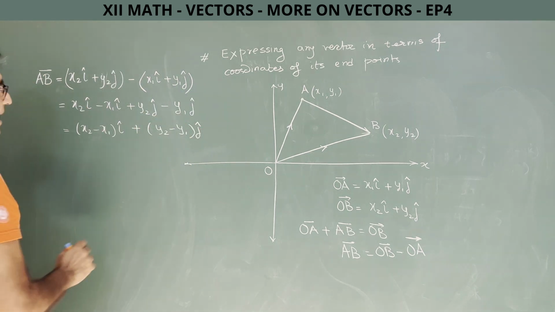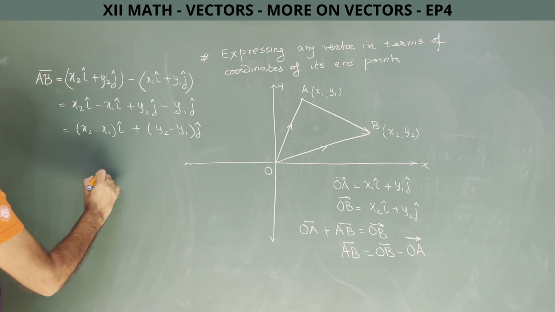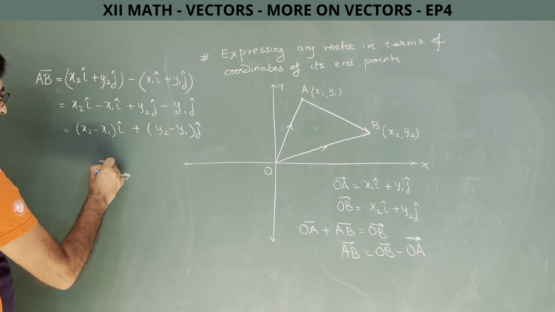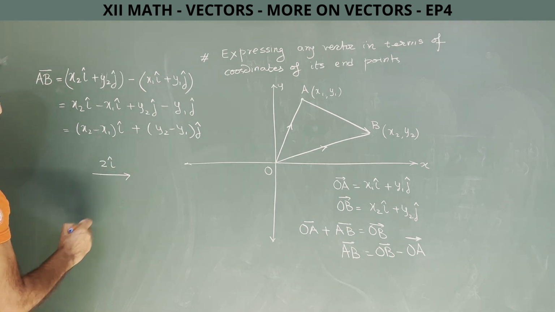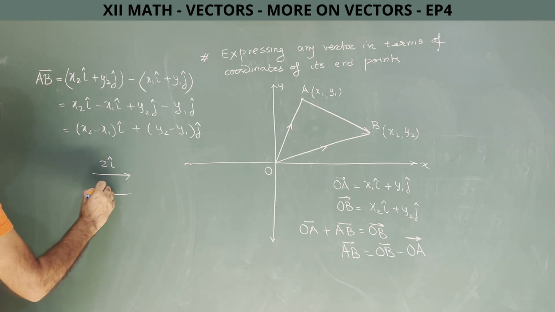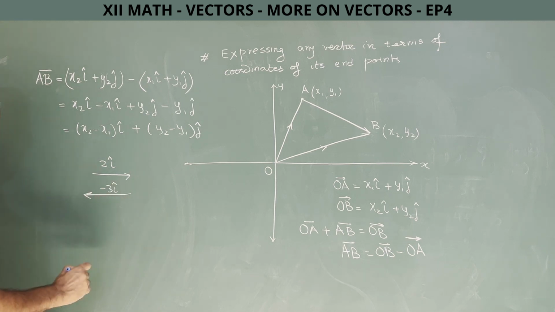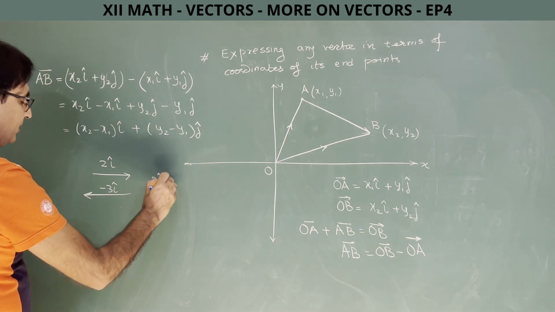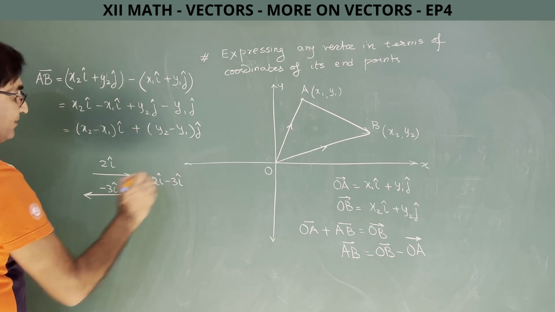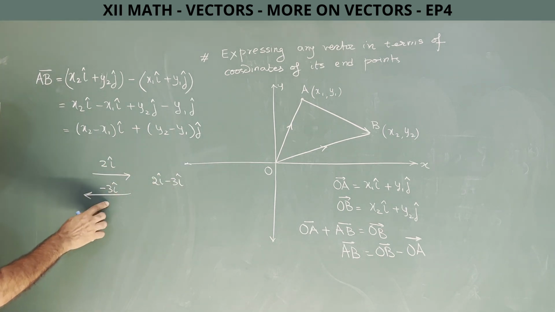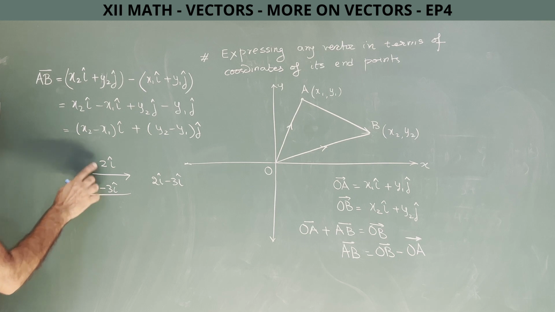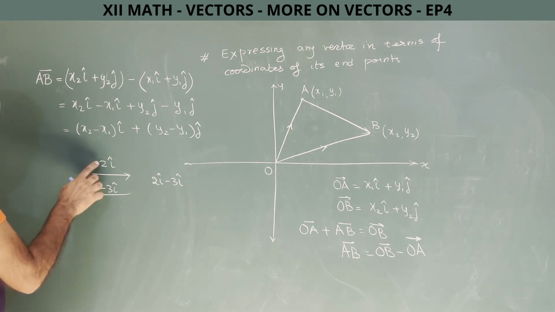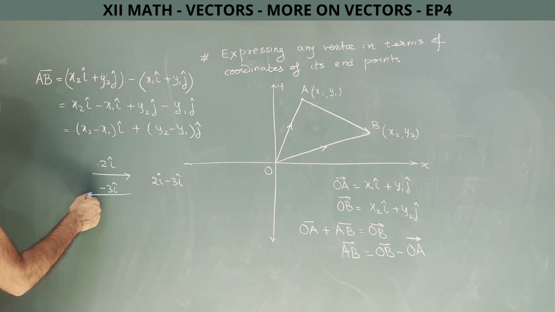Let me show you with a diagram how I got this. Suppose this is 2i, alright, and this is minus 3i, and you add 2i minus 3i, okay, vector addition. So I told you in the previous class, when you add these two vectors, the magnitude will be the difference of these two, and the direction will be in the direction in which the bigger magnitude vector is.